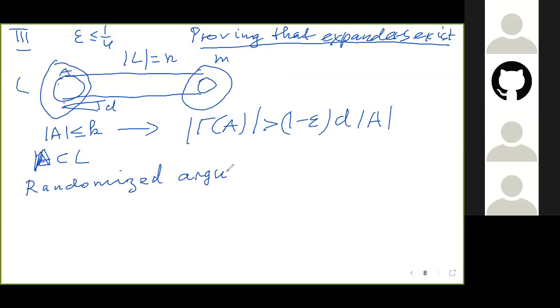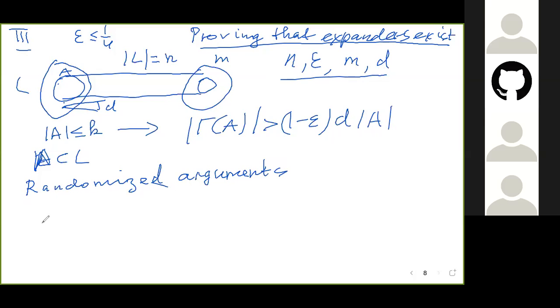So we will prove that if we take our graph at random, so we fix our parameters n, epsilon, which will be chosen 1/4, m, and D. So we fix our parameters and see for which parameters, with high probability, or at least with positive probability, a random graph satisfies this expanding property.